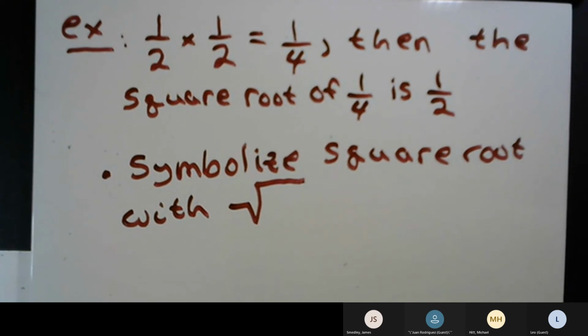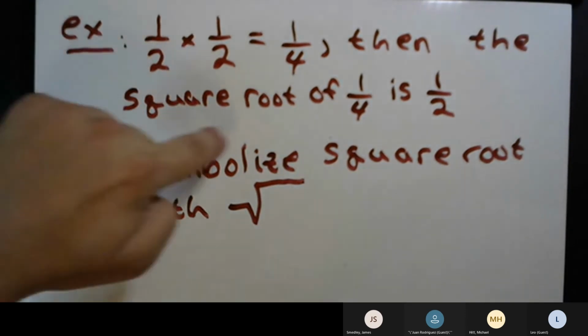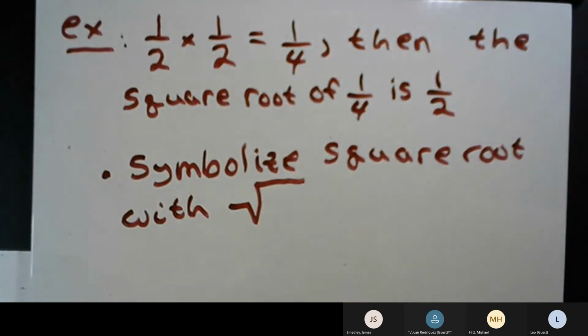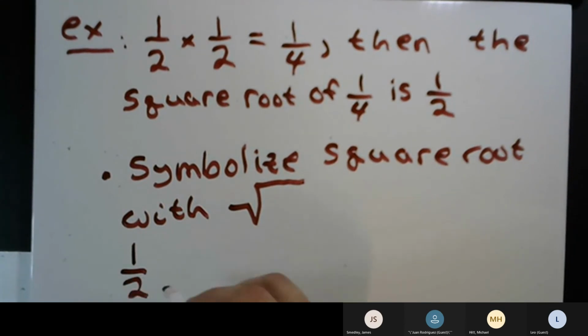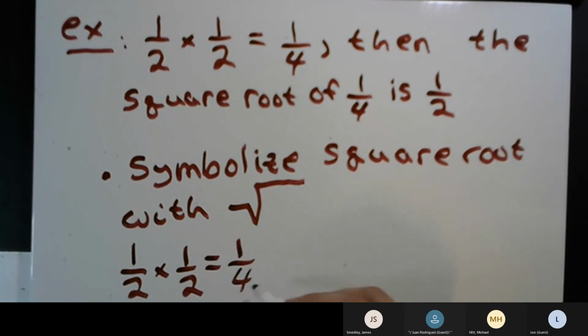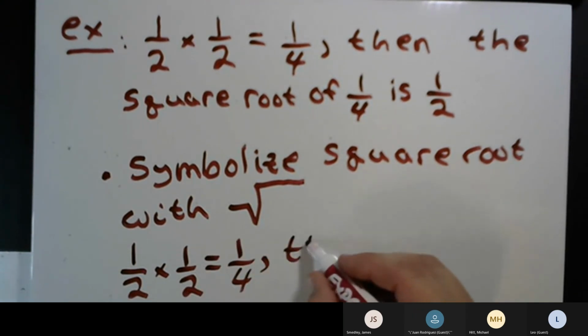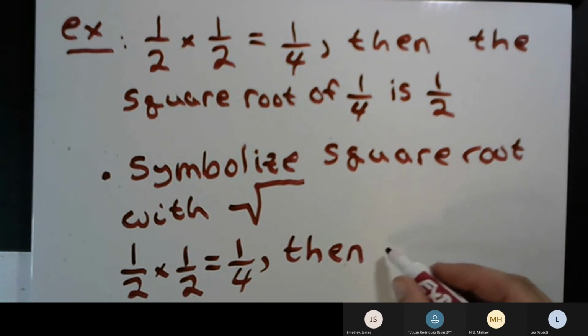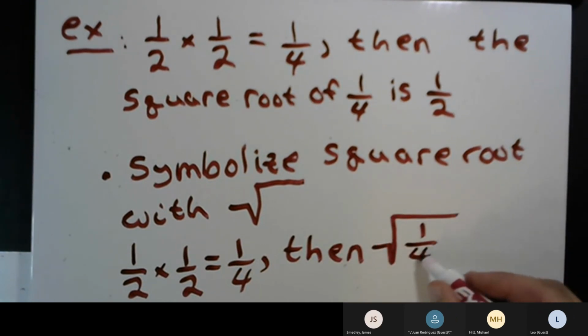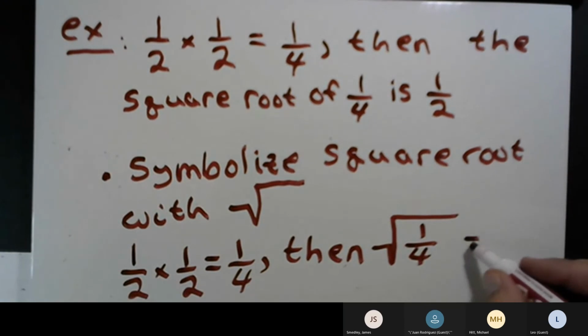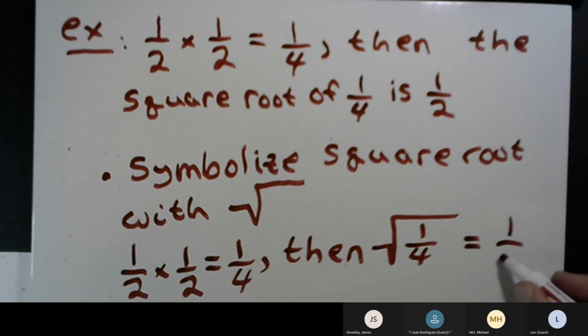But the way we use it, instead of having to write all of this up here, we can do this. 1/2 times 1/2 is 1/4. Then the square root of 1/4, we put the number underneath the symbol, is 1/2.